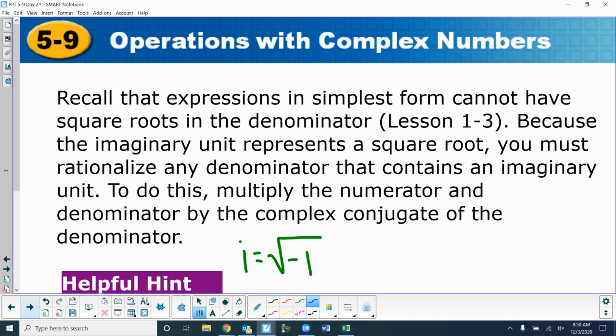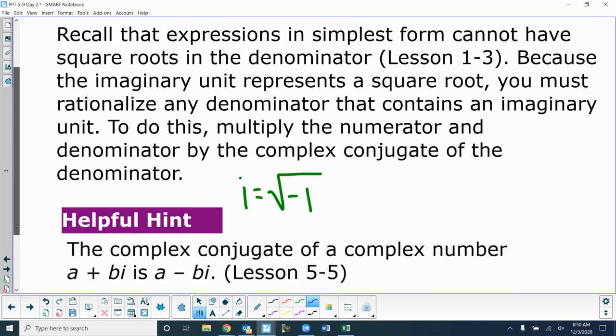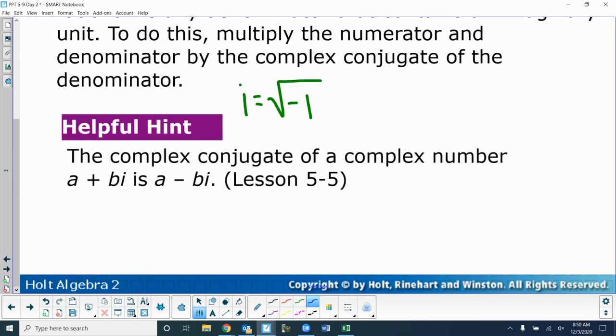All right, so expressions in simplest form cannot have square roots in the denominator. We can't have something like 5 over the square root of 3. Remember, we can't leave it like that. What would we do to simplify that? Whatever that radical is in the bottom, you multiply the top and bottom by that.